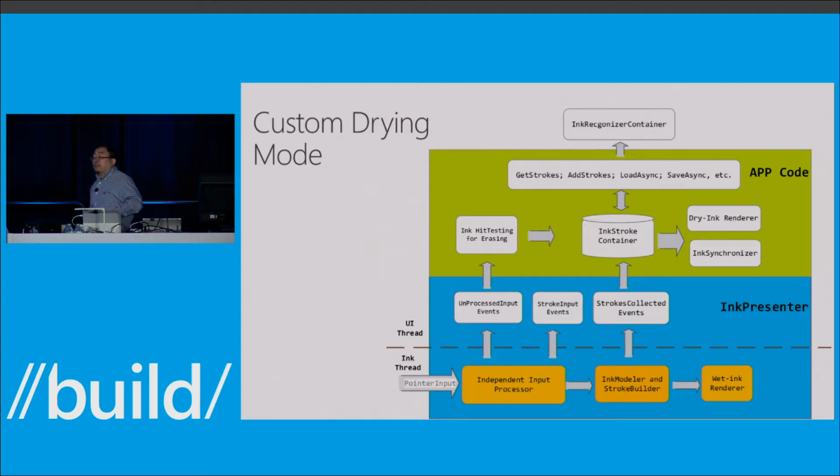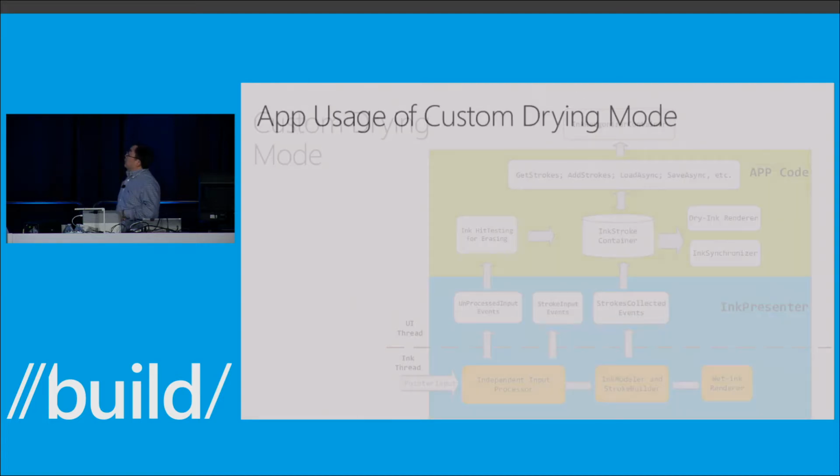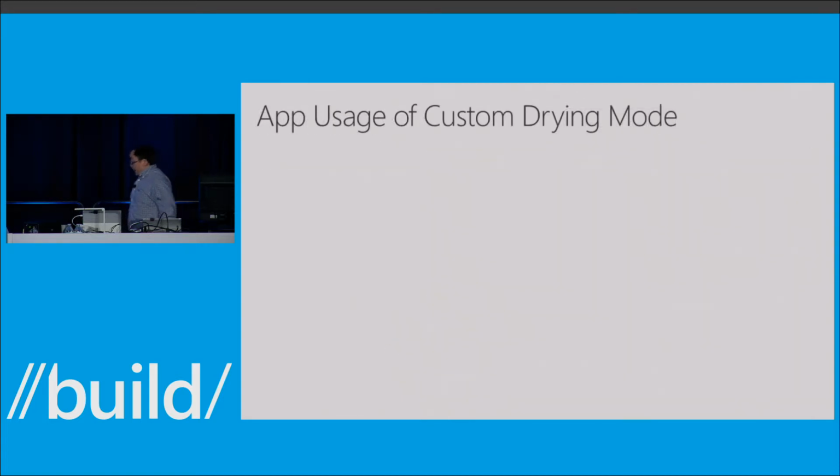The good news is that all the building blocks we use internally, we expose as public APIs for you to use. You can create an instance of dry ink renderer, an instance of ink synchronizer, and obviously an ink canvas container instance. And obviously, you can continue to use the stroke container. So let's see the steps for the application to do custom ink drawing.